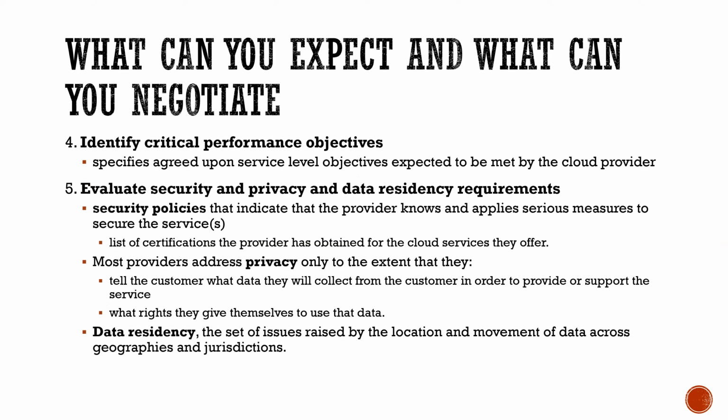Number 4, critical performance objectives. There should be specific service level objectives that should be met by the cloud provider. Those can be negotiated, but they should be well defined.